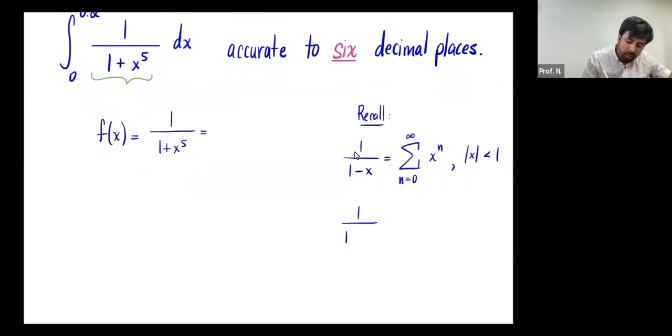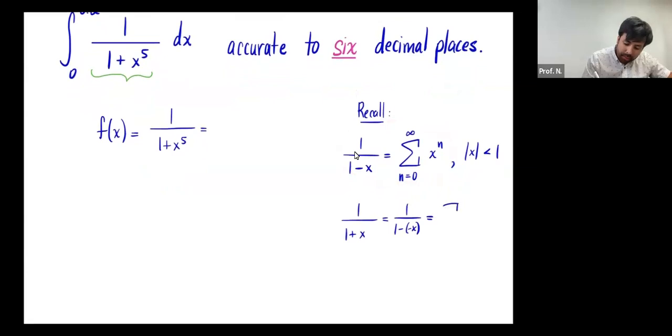Then we know that 1 over 1 plus x is the same thing as 1 over 1 minus negative x. So we're using this previous series as a template to find the power series representation for the function 1 over 1 plus x. In this case, the -1 will be raised to the nth power along with x to the n as well.